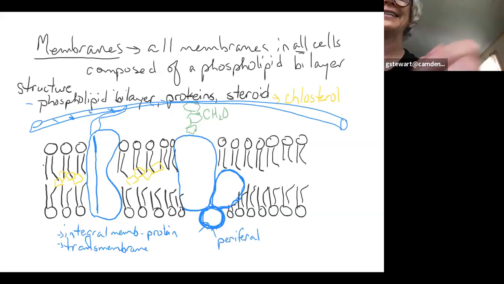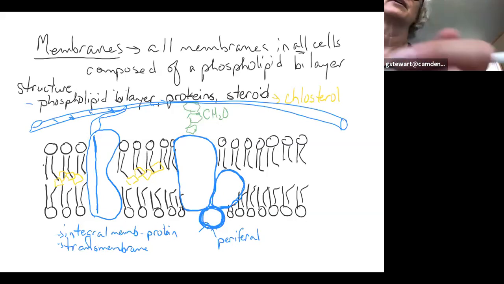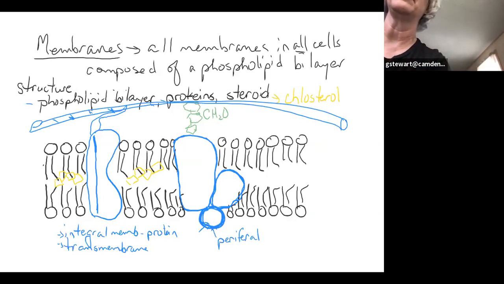Now, the membrane that I'm drawing here is an animal cell membrane primarily. It is not so much a plant cell membrane. A plant cell membrane would have a different steroid in the membrane, as well as a different extracellular matrix. It could be a cell wall made out of cellulose.